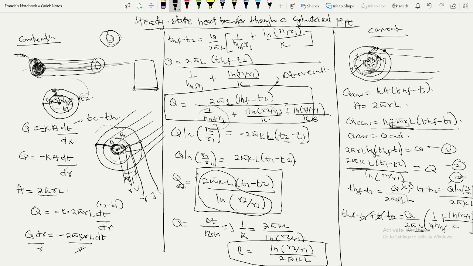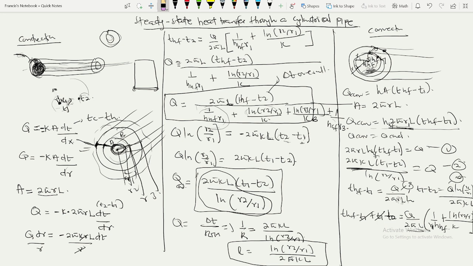Now when you have the cold fluid here, that means the outer of pipe B is also going to lose heat to the cold fluid here. And that will be by convection, right? You are just going to repeat the same as this. So plus 1 over HCF, and this will be for the cold fluid. And what will be the radius? It will take the radius of pipe B, R3.